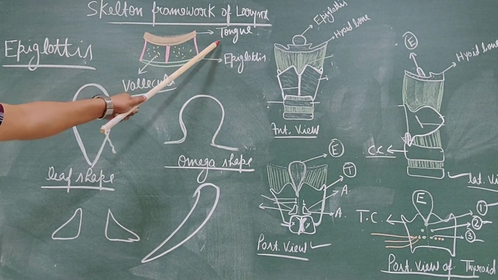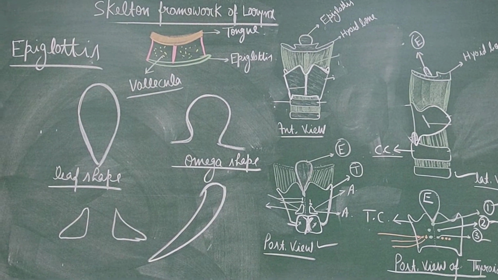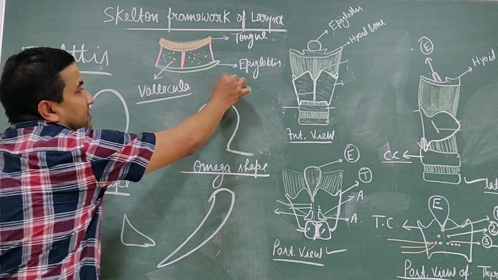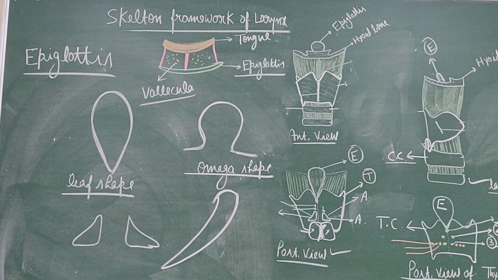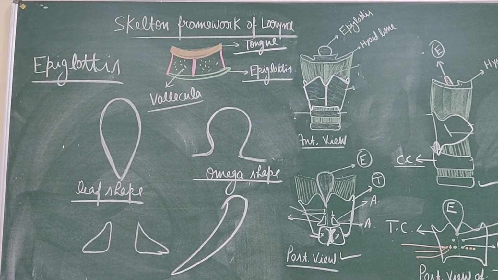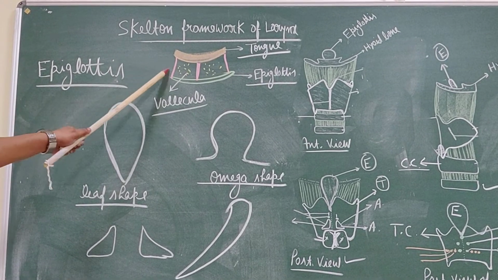Now, if you remember the class of the oropharynx, the anterior surface of this epiglottis is connected with the base of the tongue, the root of the tongue, by three folds.